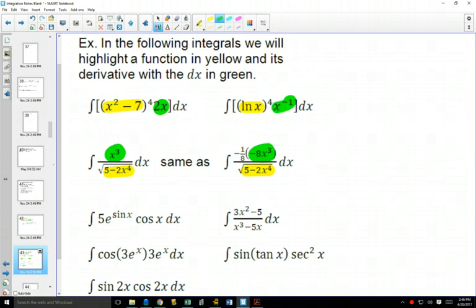So with integration by substitution, we have to be able to see an inside function. We have to be able to recognize what its derivative would be, but not really have to worry about the numbers in front. Just like in this one, the derivative of an x to the 4 is an x cubed. I have an x cubed, so integration by substitution is going to work when we actually learn what that is.